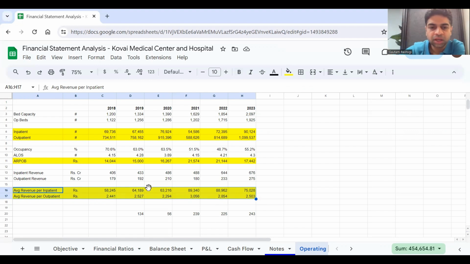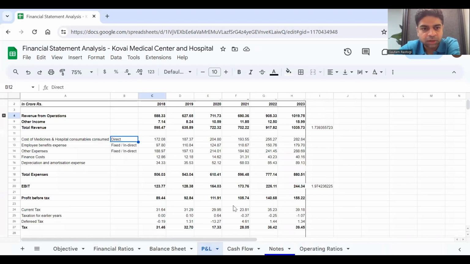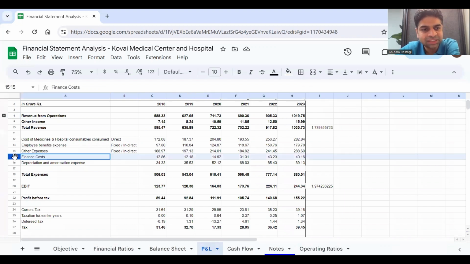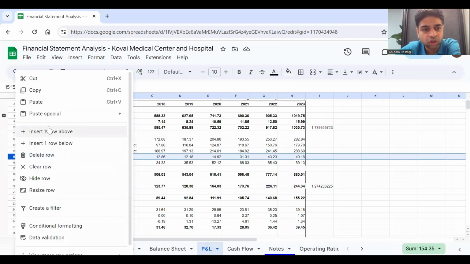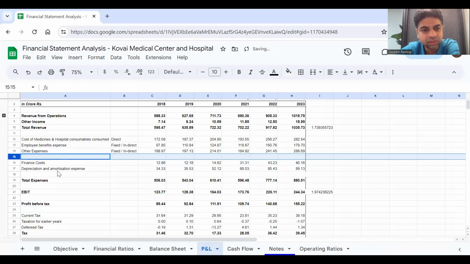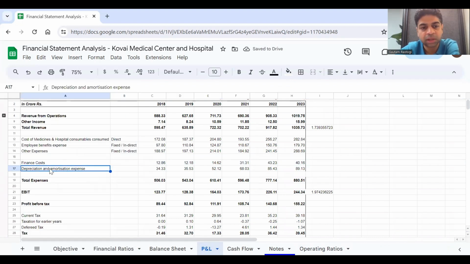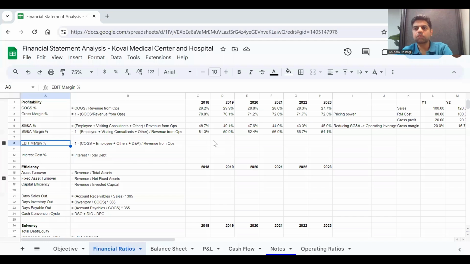Now, this was direct cost, and these line items are indirect. There are two other cost line items: one is finance, and the other is amortization and depreciation. So now we looked at direct costs and indirect costs.